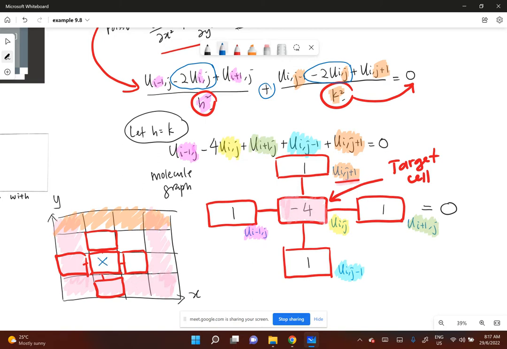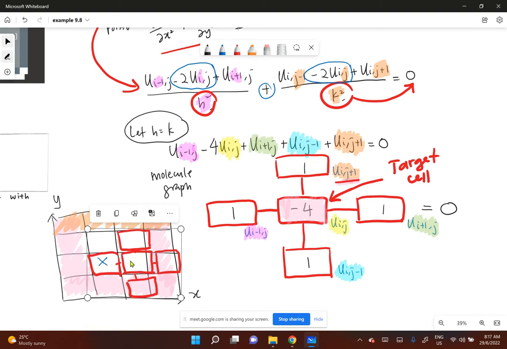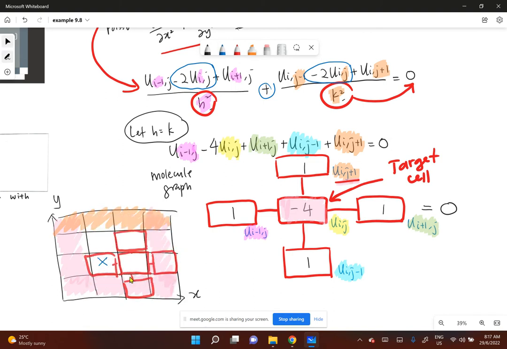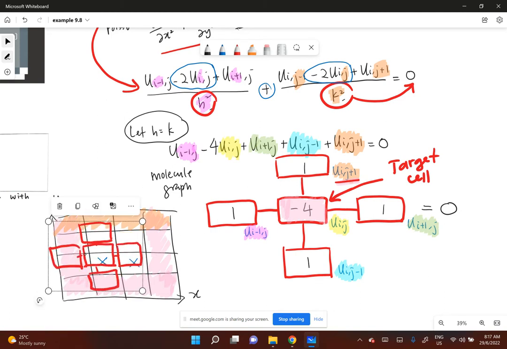Okay. And then, so here, and then we move this one to the right like this, and the next one is this, the target cell is at the center here. And then move again up, and this is the target cell. Sorry.